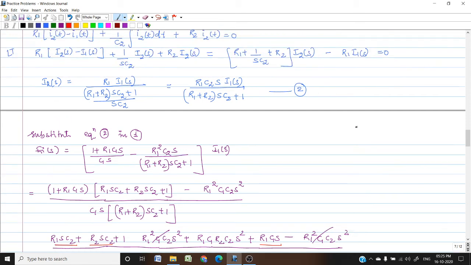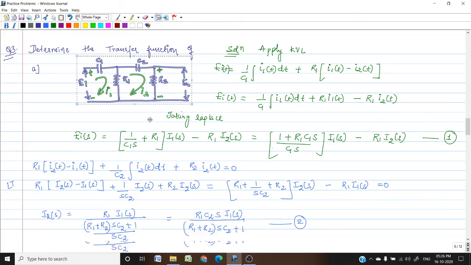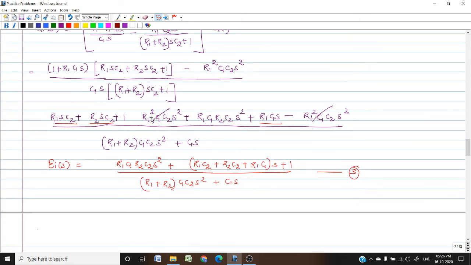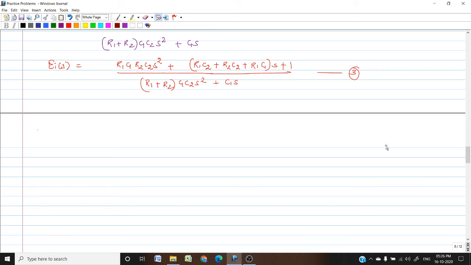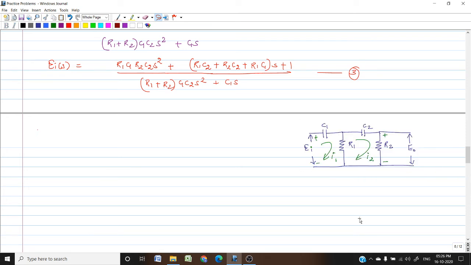Now coming to the figure, I'll just copy this figure. So what is E naught?